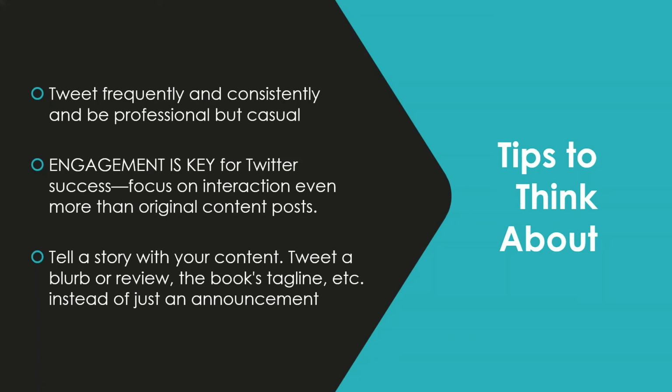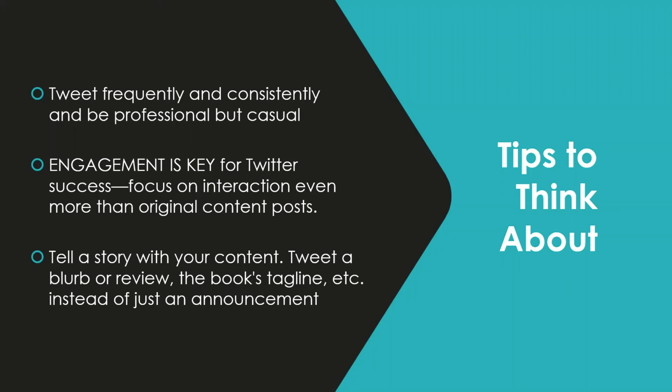You have to tweet regularly, but more than your own original content posts, you need to be interacting with other posts. That's the main thing you need to be doing on Twitter. You really, really have to engage with other people on Twitter, even more so than any other platform.